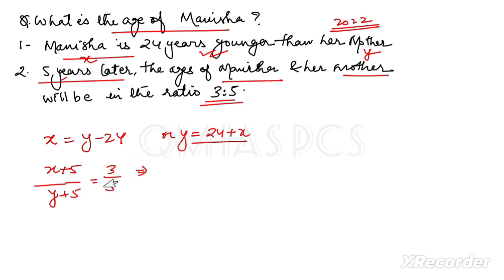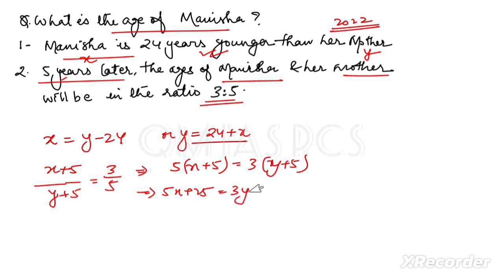Now you can do cross multiplication: 5(x plus 5) is equal to 3(y plus 5). Here, 5x plus 25 is equal to 3y plus 15. Here we get 5x minus 3y, and when you take this 25 to the other side, it will be 15 minus 25, that is minus 10.